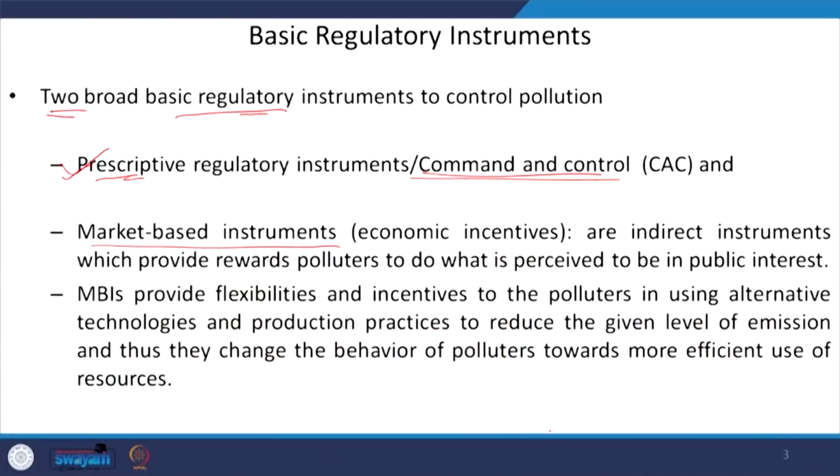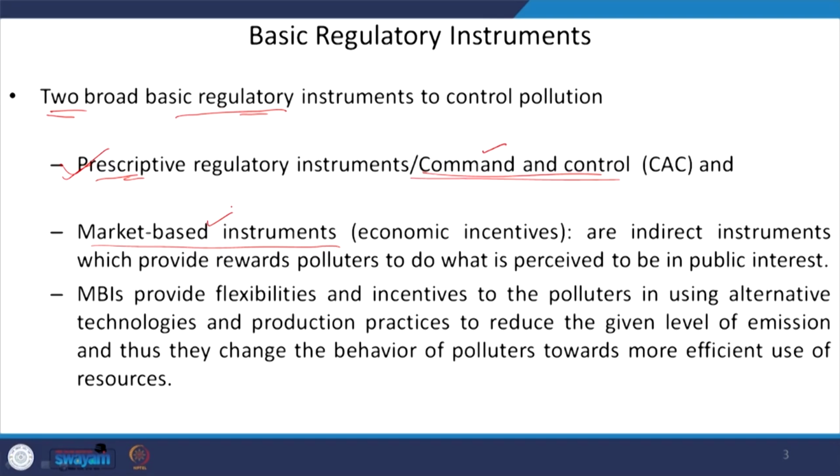And if you compare these two mechanisms, the command and control method and the market based instrument, you will find that in the case of command and control, the polluters do not have any flexibility to change the pollution levels. They need to abide by what is prescribed or commanded by the regulator itself.